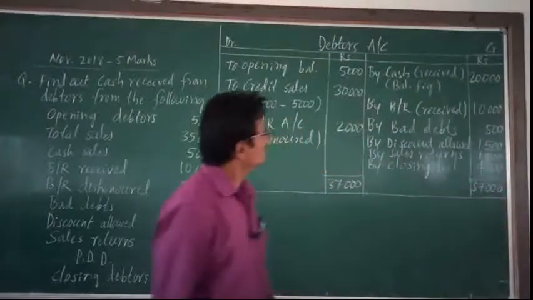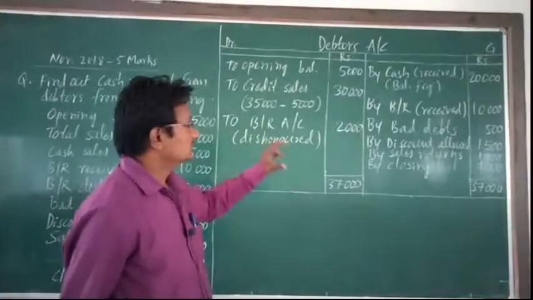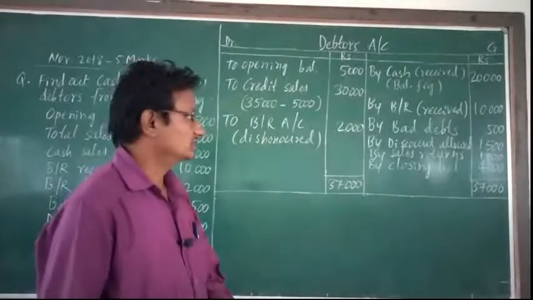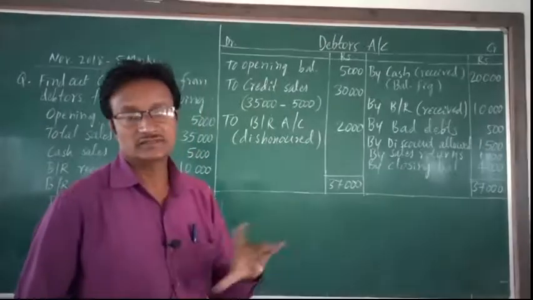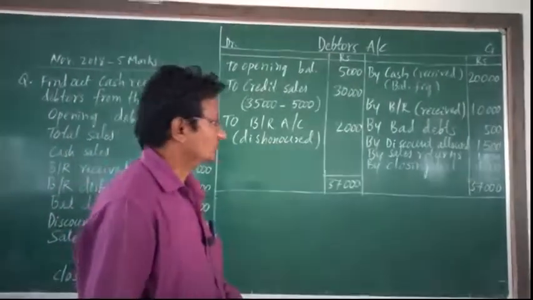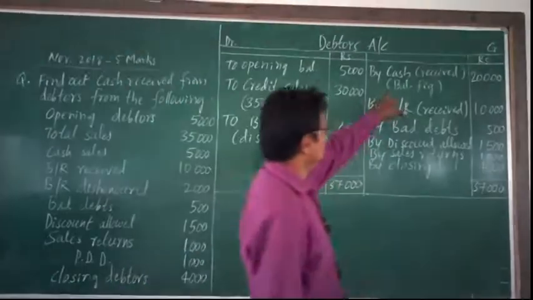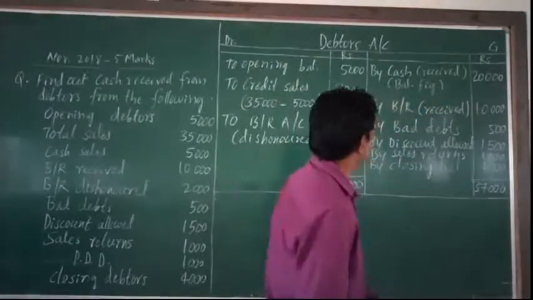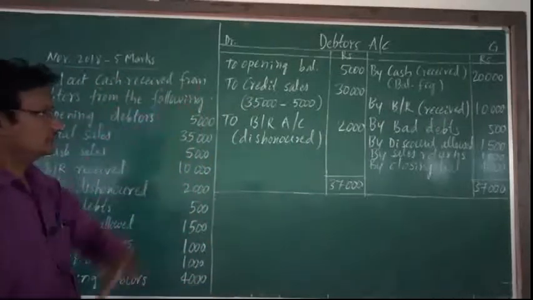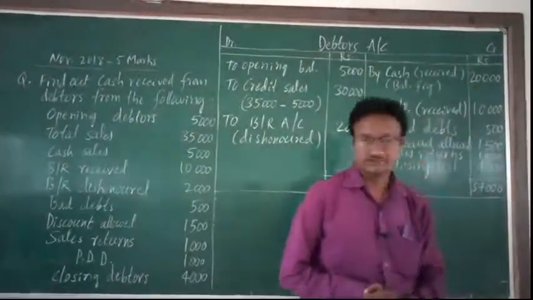So in the debtors account, from the debit total, if we deduct the credit total, the difference represents 20,000, that is cash received from debtors. So it is a balancing figure, and here we are asked to find the cash received from debtors, and the answer is 20,000.